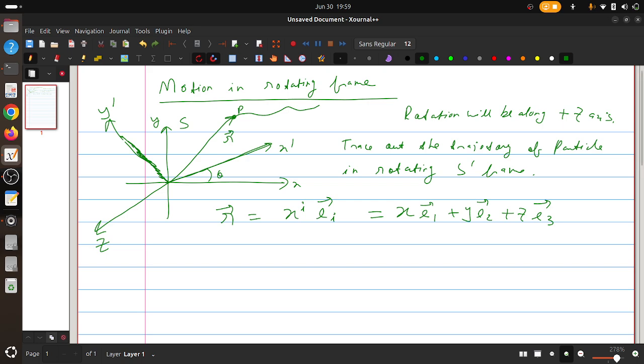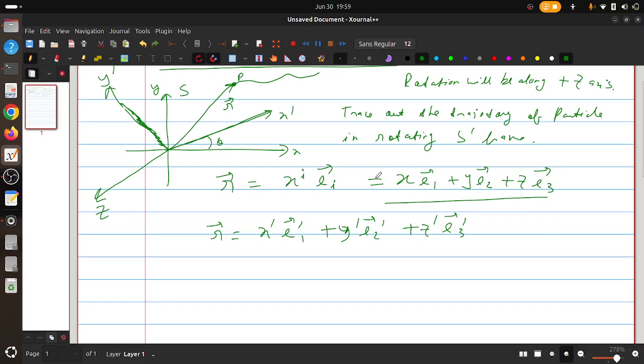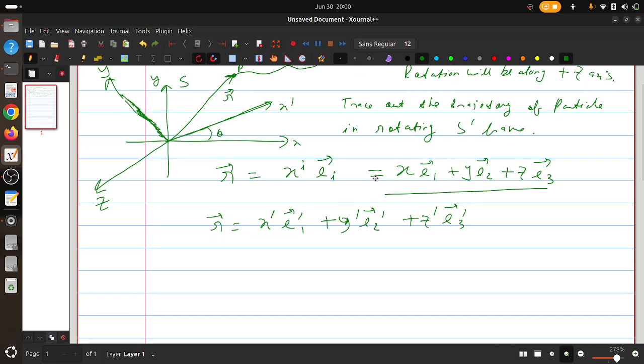Now we can also write this r vector in the prime frame as x prime e1 prime plus y prime e2 prime plus z prime e3 prime, right? Everything prime, but the vector is unchanged in the prime and the unprimed frame. That is a very important statement here: even if you change the coordinate system, the vector doesn't change.